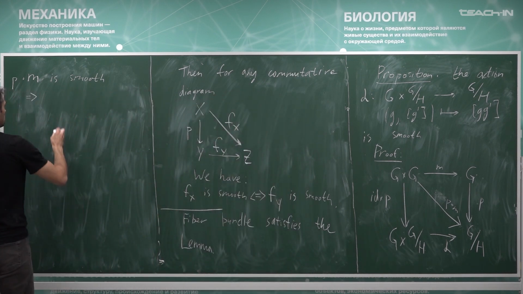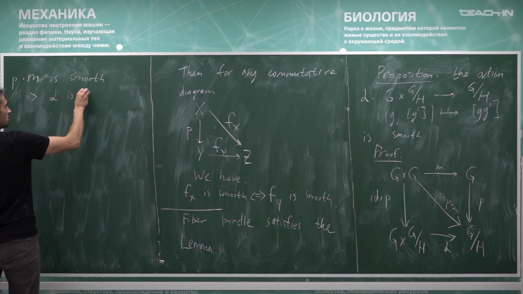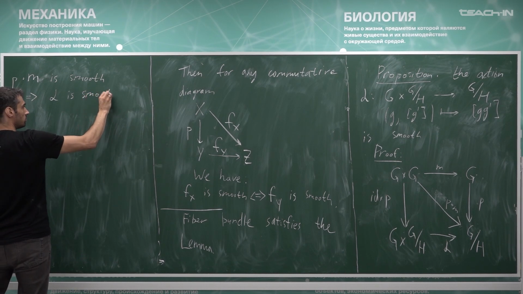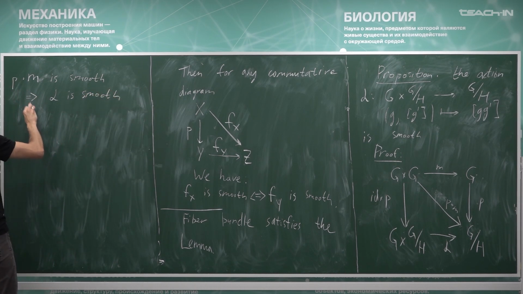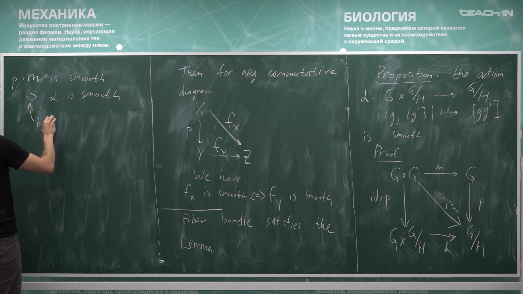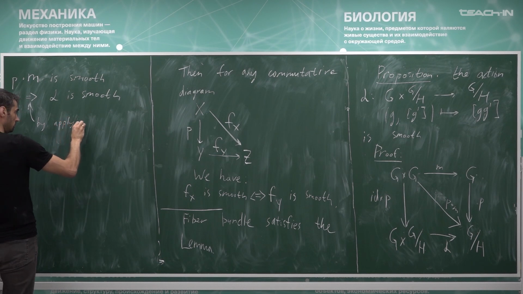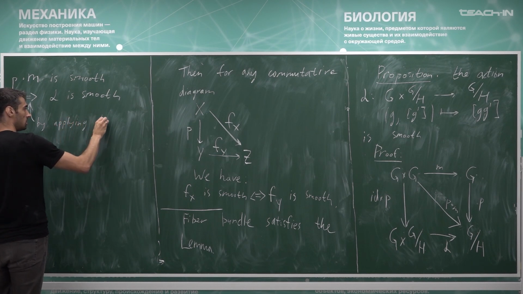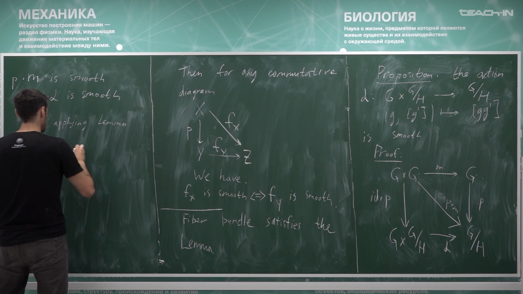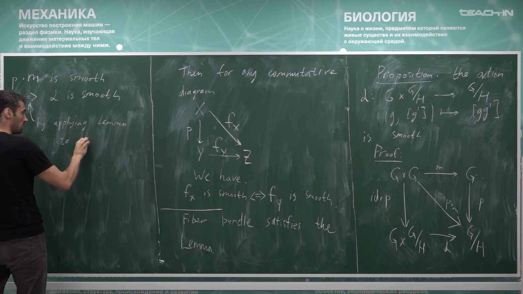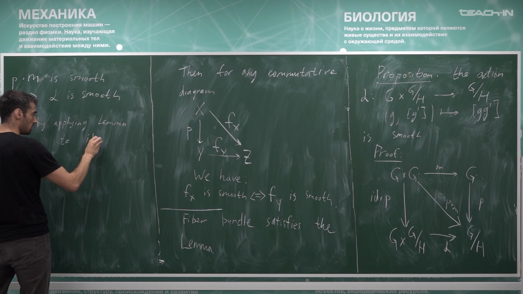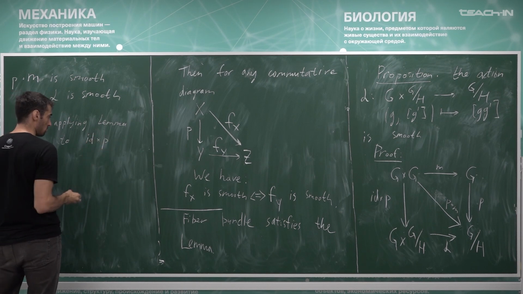So therefore, alpha is smooth. This is by lemma, by applying lemma to the map ID times P, which is also fiber bundle.